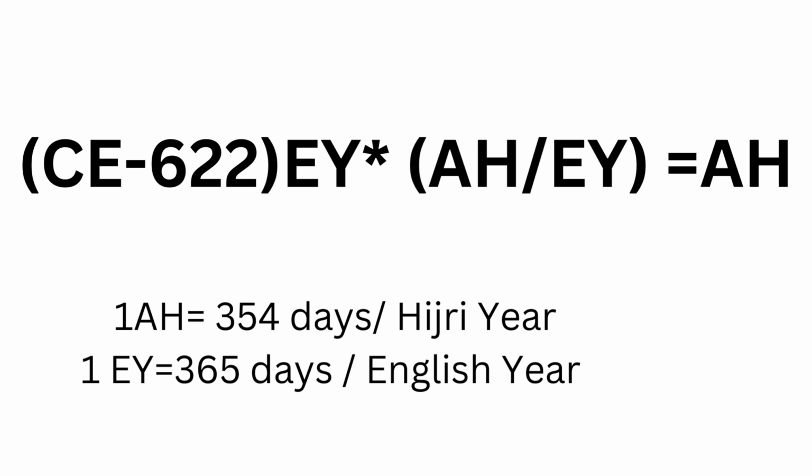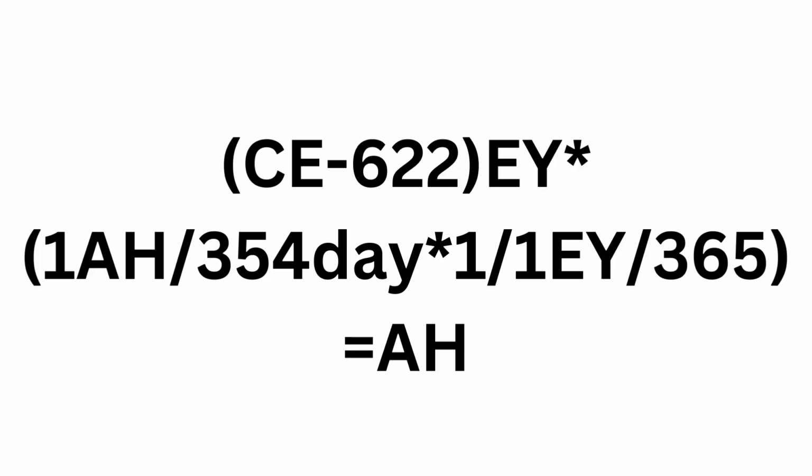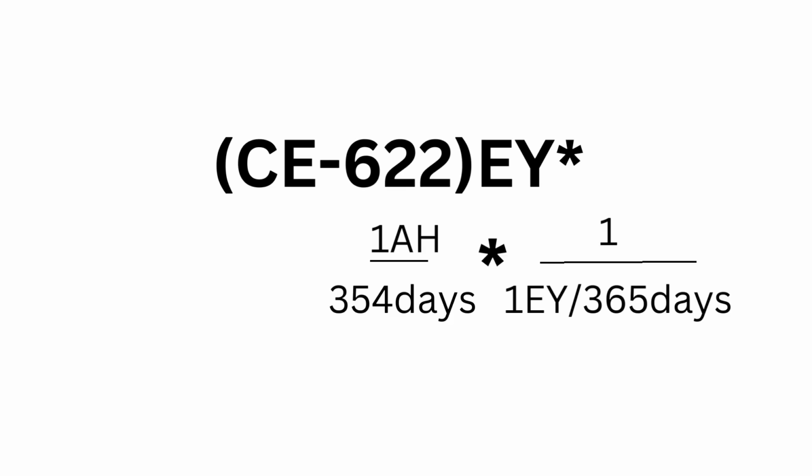To make this factor equal to 1, we will convert and accommodate number of days contained in both types of these years. One Hijri year is 354 days and one English year is 365 days.